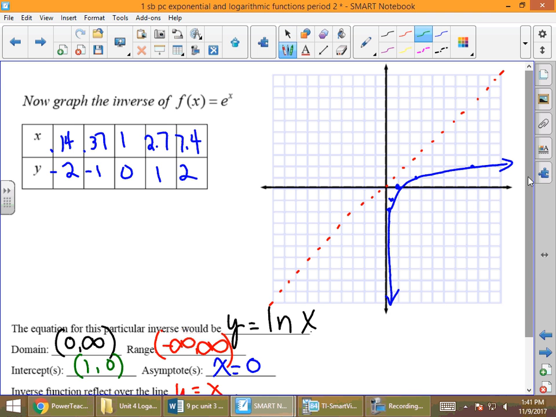And what we had is we had -2, 1.4, and -1, 0.37, and 0, 1, and 1, 2.7, and 2, 7. And if you're really looking at the points, you see that all that happens is they switch places.